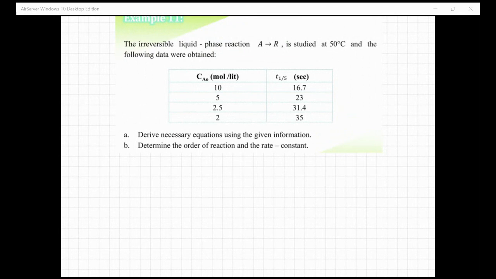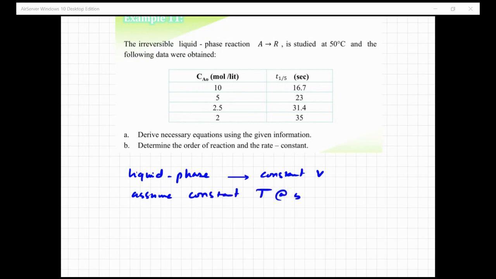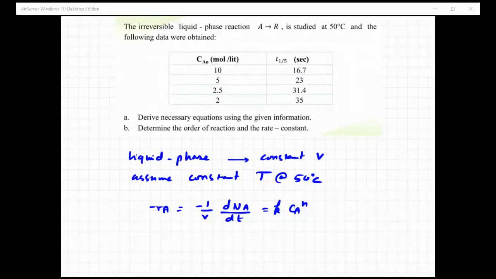Of course, we have to comment it is liquid phase, so it means constant volume, and we'll assume constant T, given at 50 degrees C. You will start by writing minus rA equal to minus 1 over V dNA by dt, and of course it is equal to k1 reactant, CA to the power of n. You are going to derive all necessary equations, and show all derivation steps.